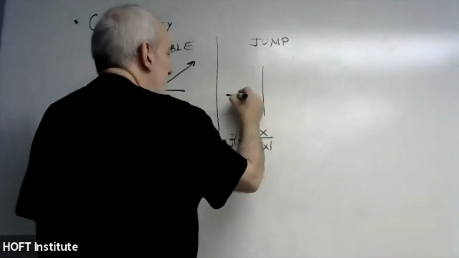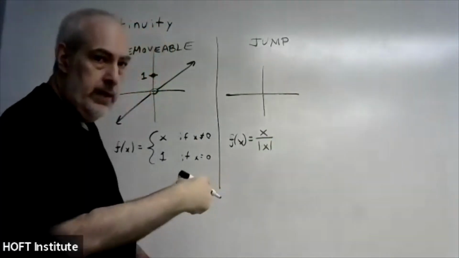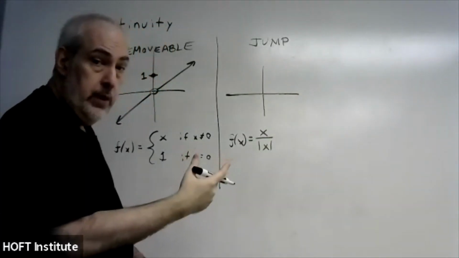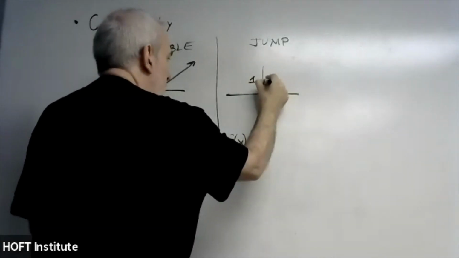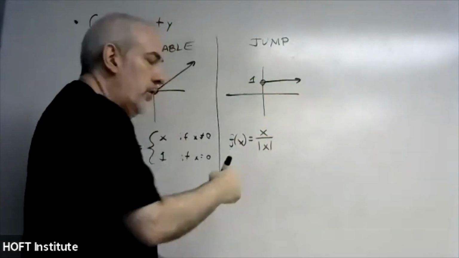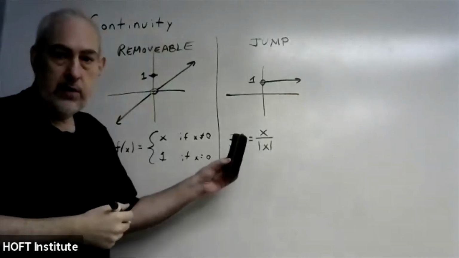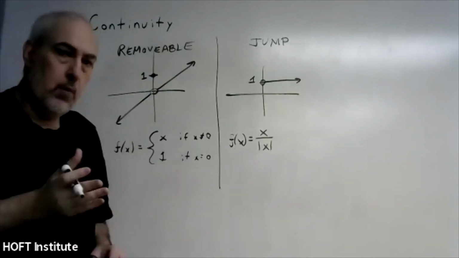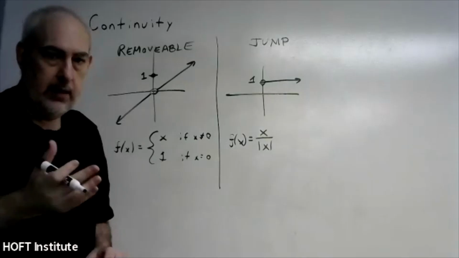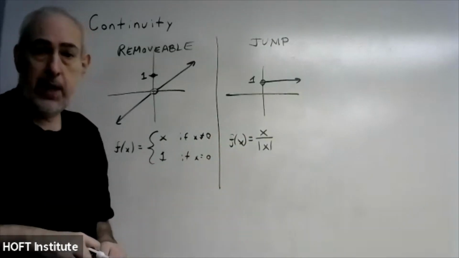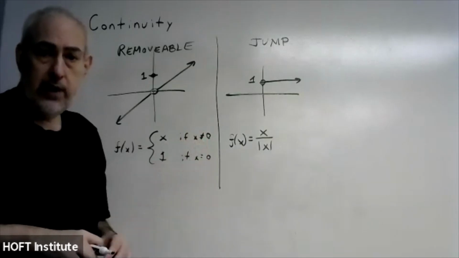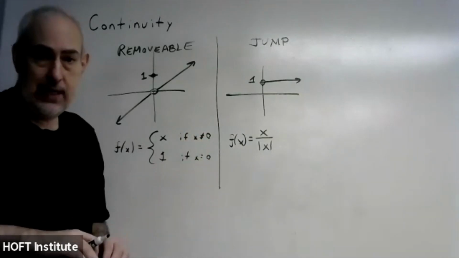Now, for any value of x bigger than 0, so let's say like 2, you'd end up getting 2 over 2, and that's equal to 1. So for any value that's positive, your function returns the value of 1, because the top and the bottom are just equal. But what if you plug in a negative number, like -2? Then the top would be -2, but the absolute value of -2 is +2. You now have -2 divided by +2, which is -1.